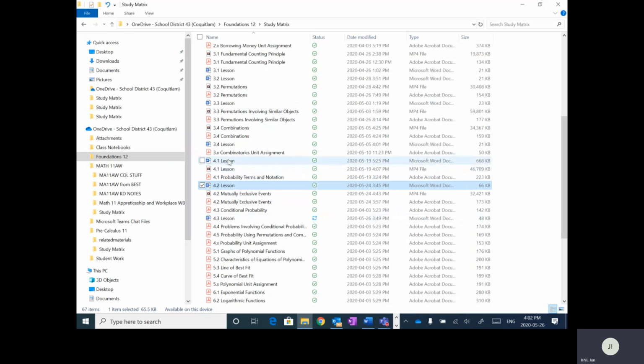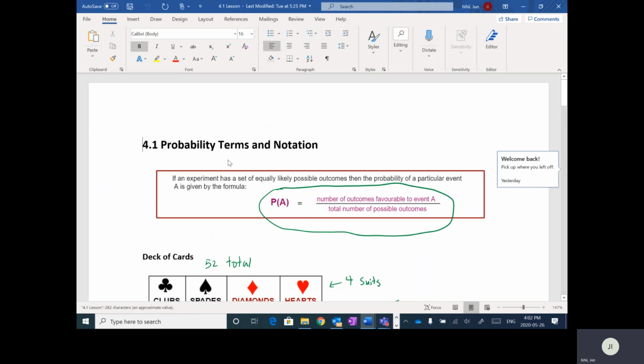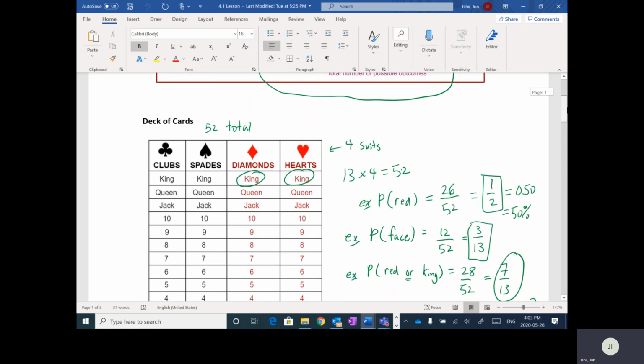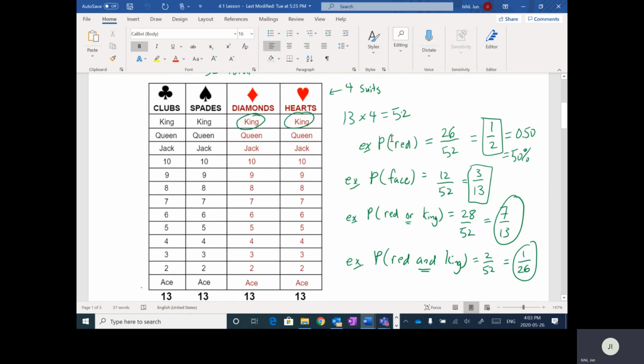One second. All right, here it is. If you weren't quite familiar with how the cards are distributed in a deck of cards, refer to the 4.1 lesson, the Word document that I posted. This chart will tell you how the cards are laid out, so you can refer to that as you work through the worksheet.